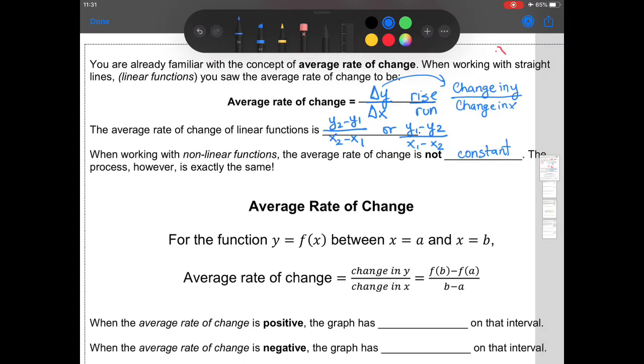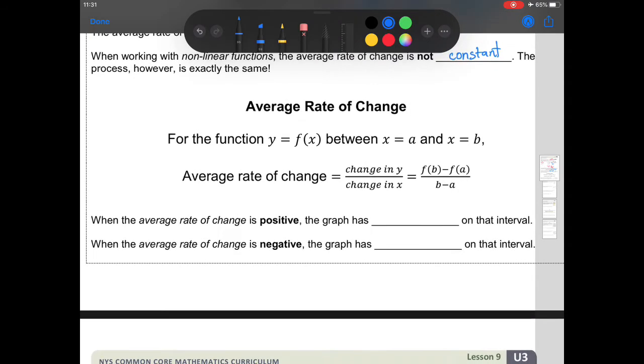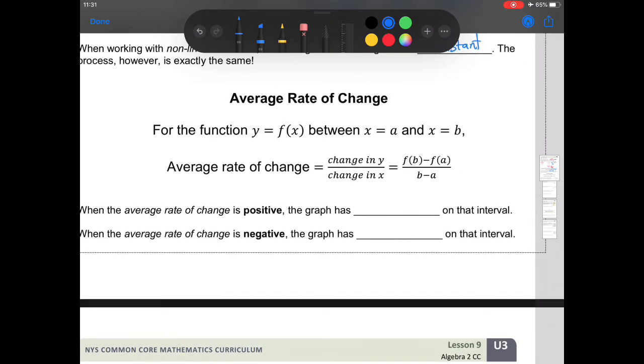Instead of finding the slope of a whole function, we're going to find the slope from point A to point B. For the function y equals f of x between x equals a and x equals b, the average rate of change, another word for which is slope, and if you go on to calculus you'll call this the first derivative, is change in y over change in x. That's f of b minus f of a, another way of writing y2 minus y1 over x2 minus x1.